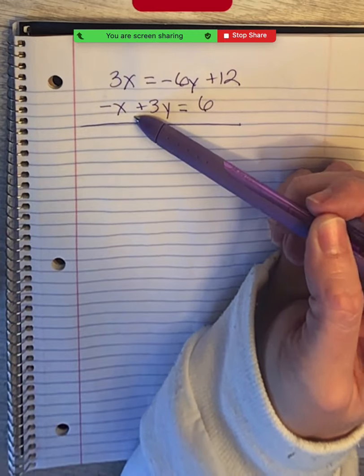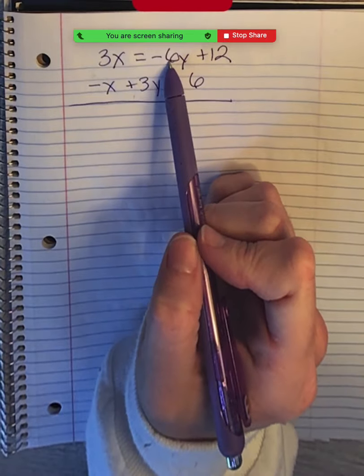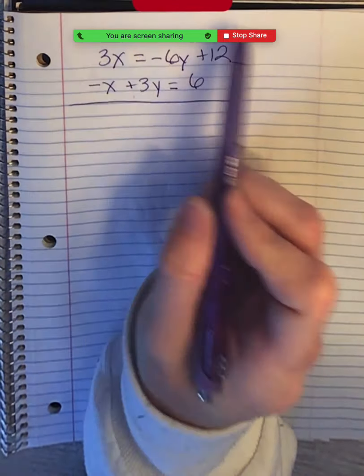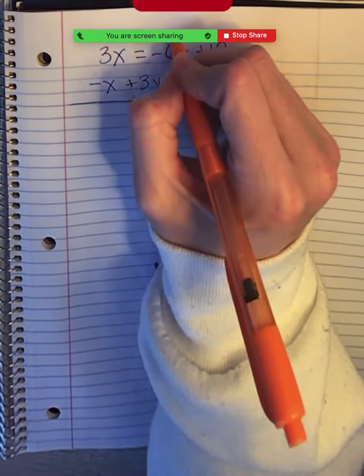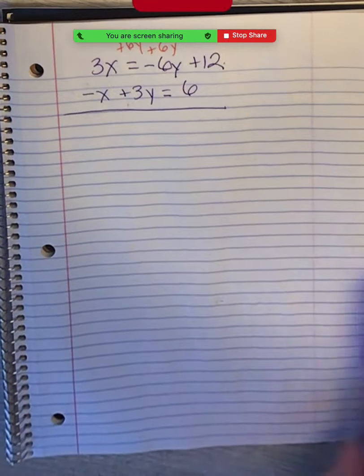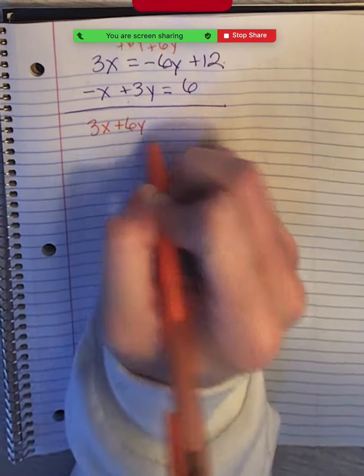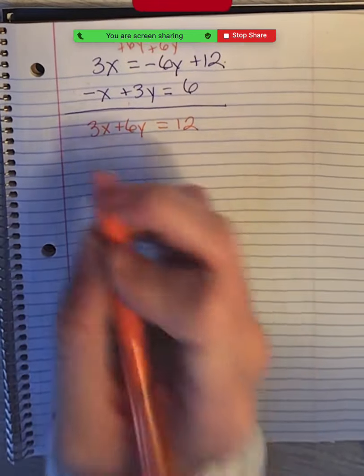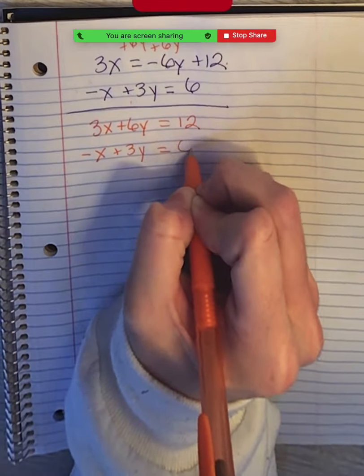So general form is to put them in standard form, meaning put x and y on one side of your equation and your constants on the other. So in this top equation, I'm going to add 6y to both sides. Then I end up getting 3x plus 6y equals 12, and -x plus 3y equals 6.